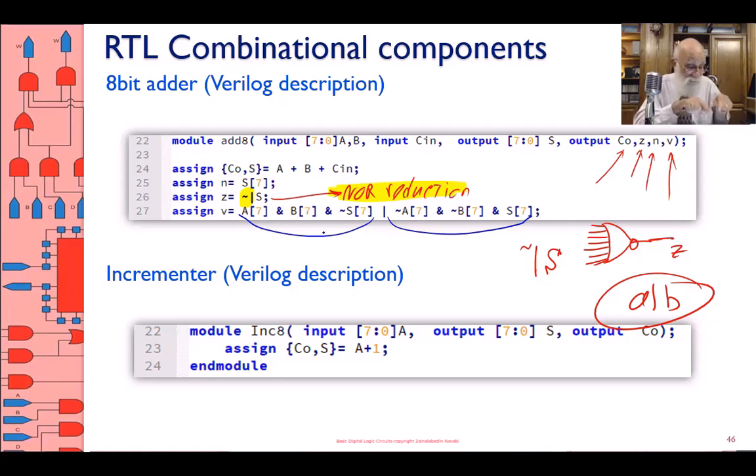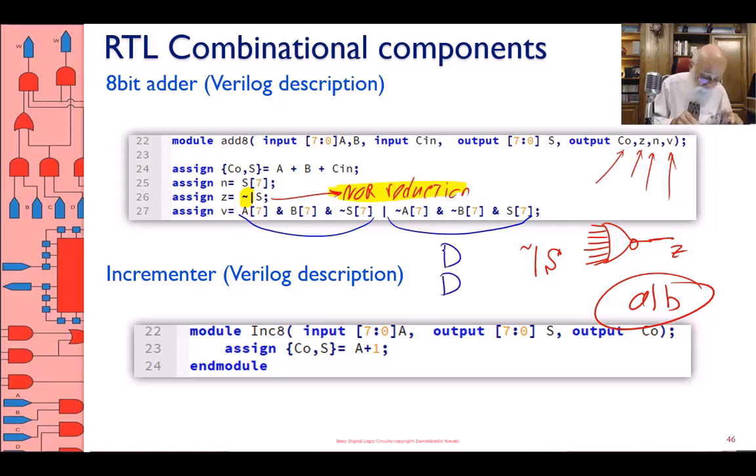But in this case, for the familiar overflow flag, what I'm ORing is A7, the sign bit of A, the sign bit of B, and then the complement of the sign bit of the result, and the complement of A. So this is the logic I'm doing.